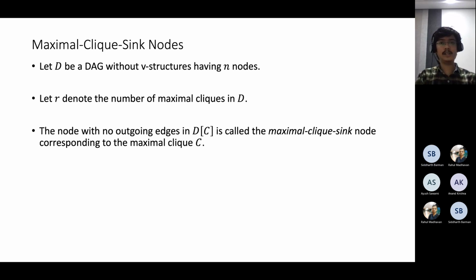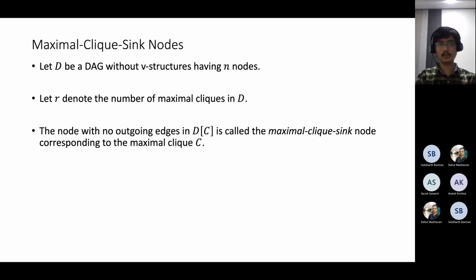One more thing to know is that this undirected connected component is chordal. Chordal means there is no induced cycle of length greater than 3, or any cycle of length greater than 3 has a chord.